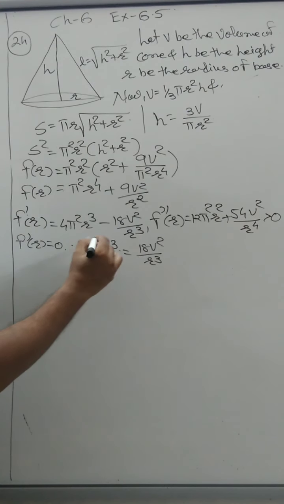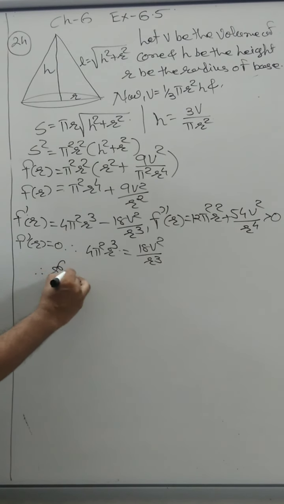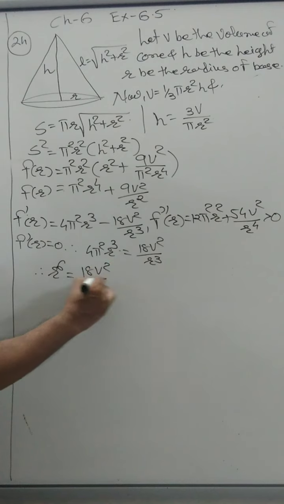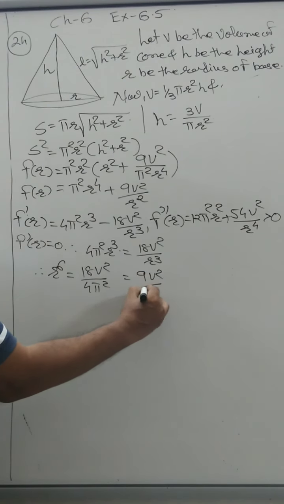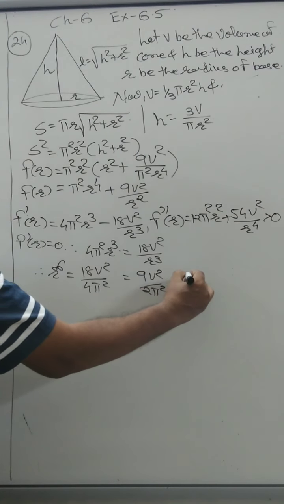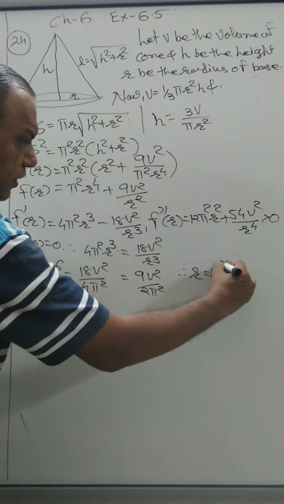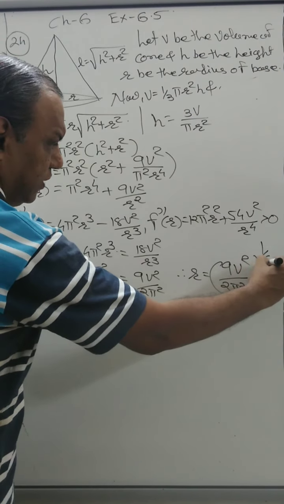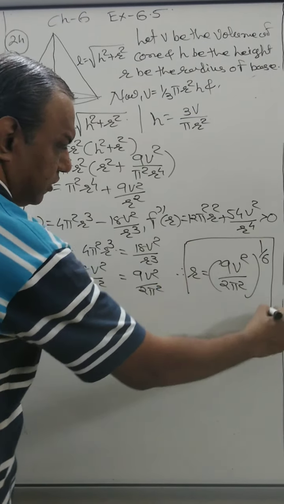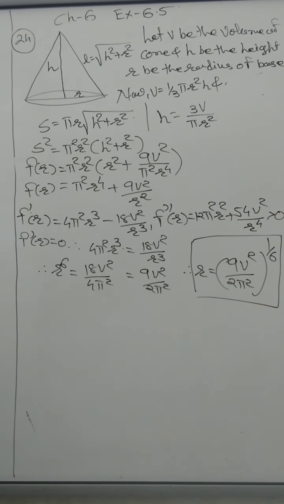So we get r⁶ is equal to 18V² upon 4π², that is 9V²/2π², or r is equal to (9V²/2π²) raised to 1/6. This is our first equation, which is very helpful to find the next answer.